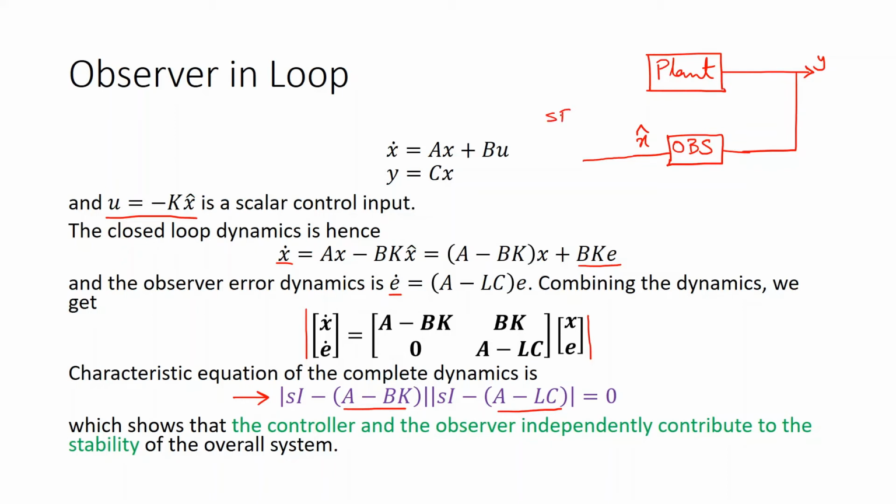So let us have a state feedback controller, which is now getting constructed using x hat. Let me have a double arrow here just to denote that x is not a scalar. From the state feedback controller I am getting a u which I am supplying to the plant. This u I am also feeding to the observer. Inside the plant, that total ABC system is there. So this is how the block diagram looks like.